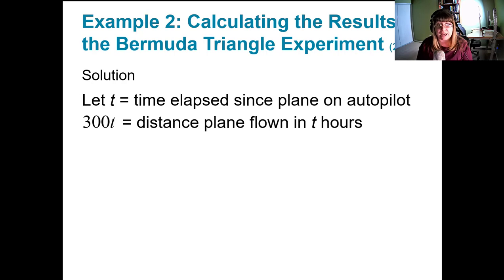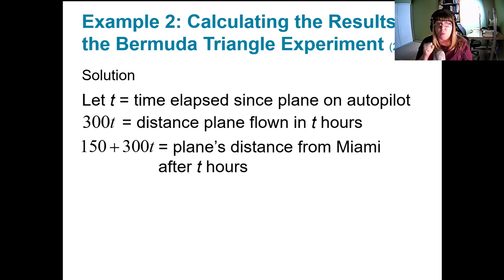So the rate times the time will be the distance the plane has flown in that many hours. The distance the plane has already flown from Miami is 150, and then plus the distance that it's going to fly on autopilot is the 300 times t.